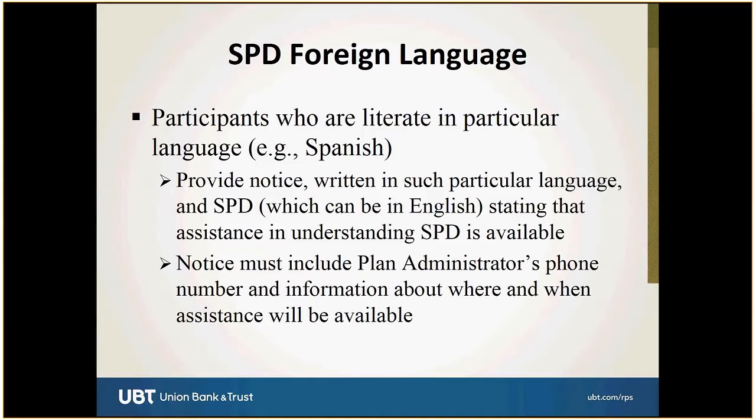That requirement is that you need to provide notice to those foreign language speaker participants, written in that specific language, stating that assistance in understanding the summary plan description is available, as well as contact information for the plan administrator. And the Department of Labor provides a model notice if you need to provide this notice in a foreign language.